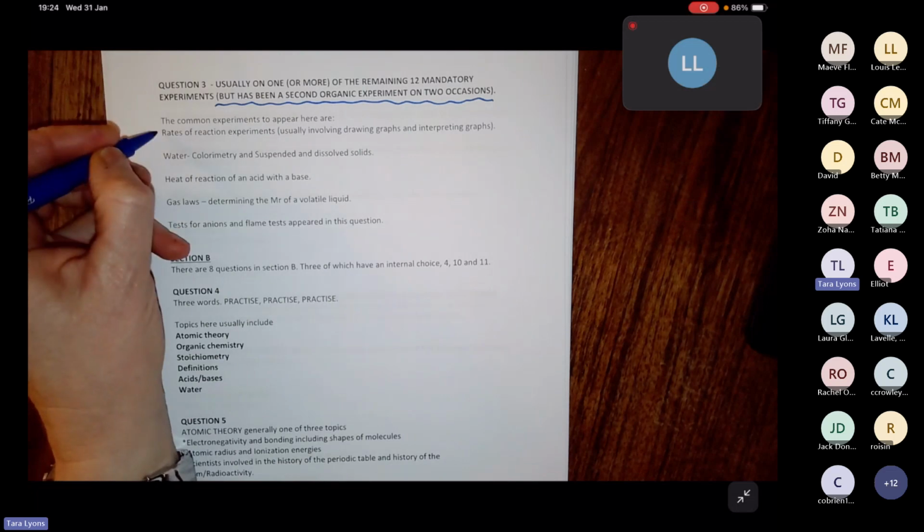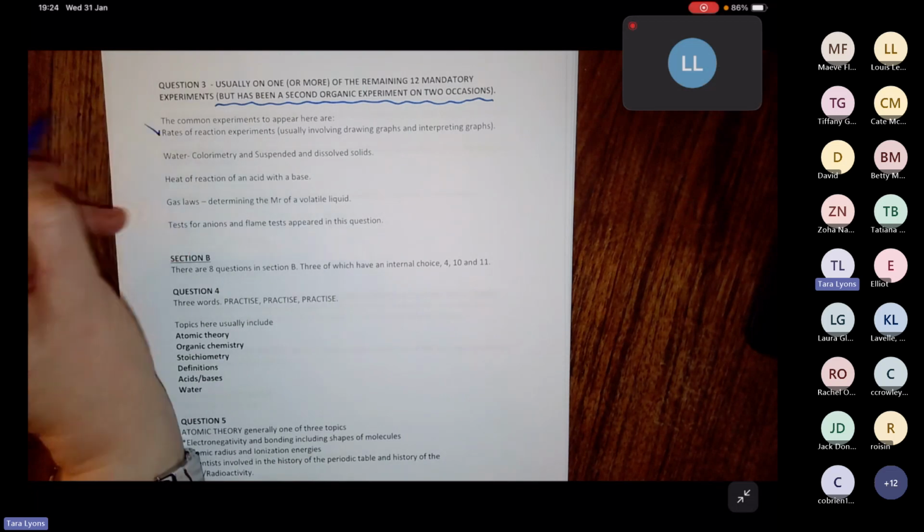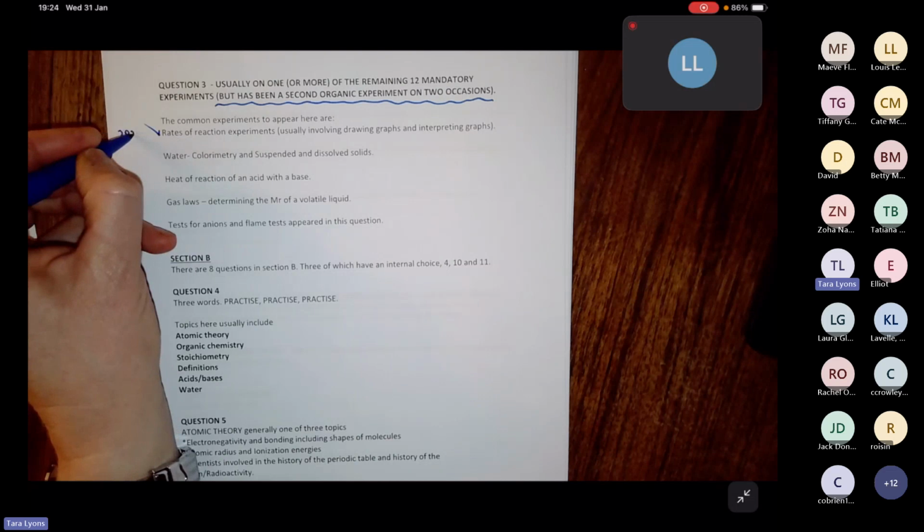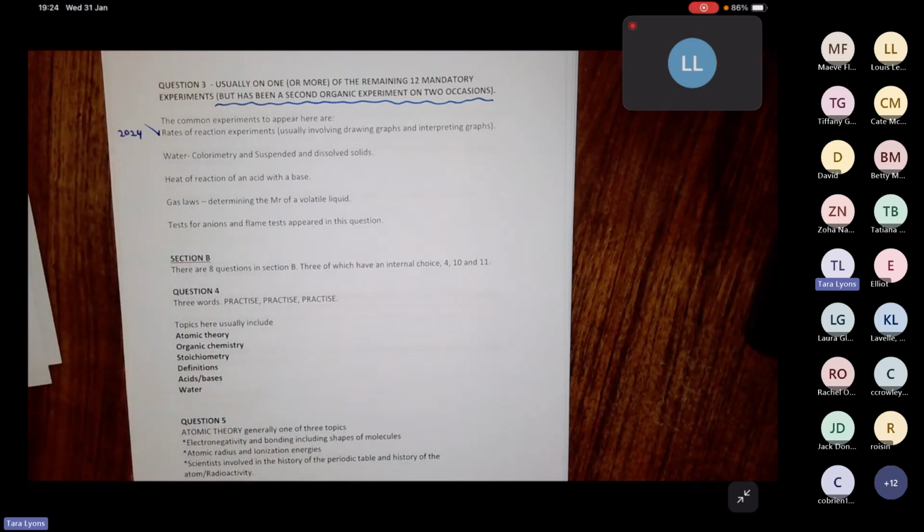And I would, in my head, be prepared for that for 2024: a rates of reaction experiment, drawing graphs based on the data that's given to us. Because rates of reaction regularly come up in question 3. If I was going to prepare anything for question 3, it would be the rates of reaction experiments: the presence of a catalyst, concentration, and temperature.